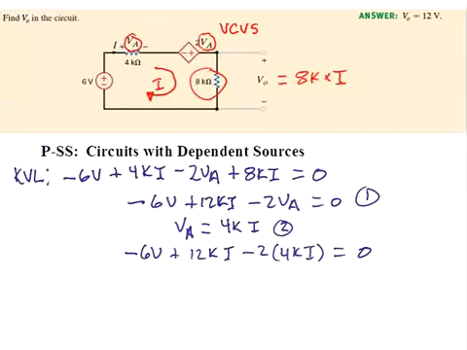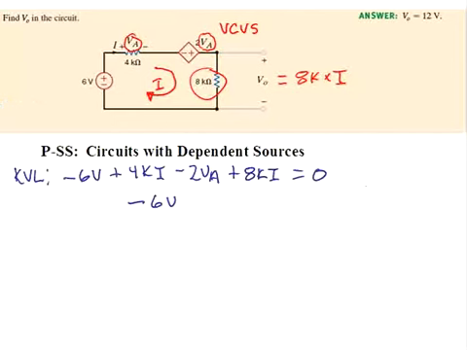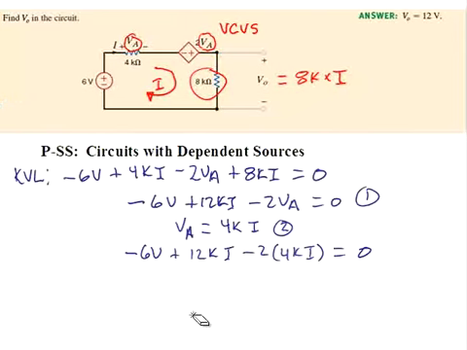Again, combining terms, we obtain that 4K I is equal to 6 volts, or I is equal to 6 volts divided by 4K, which is 1.5 milliamps.